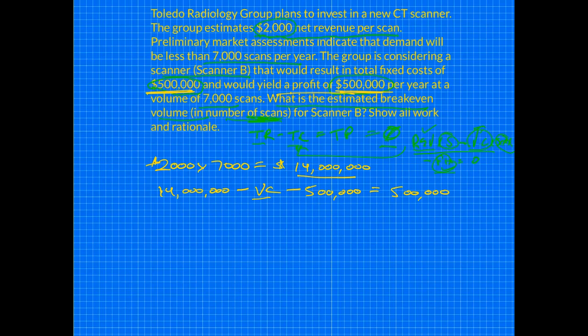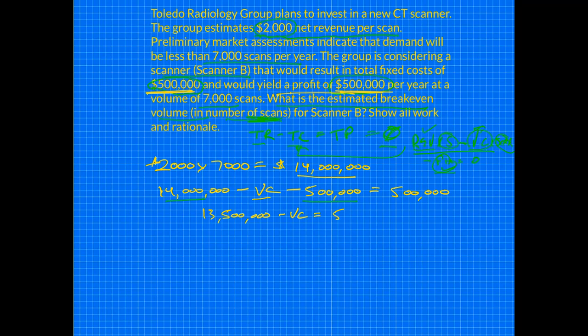So we're going to simplify our formula a little bit. I think you can figure out this. We've got 14 million. And we've got 500,000. Let's simplify that. That's going to be 13,500,000. And we're still minus whatever our mystery variable costs are.